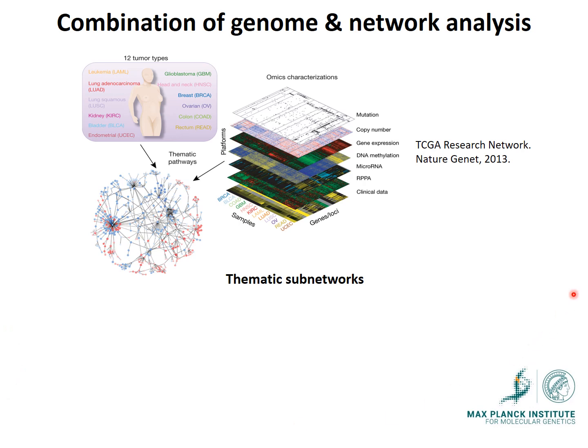In the era of high-throughput sequencing, it has been proposed to measure, for example in personalized medicine of cancer, a lot of data at different levels of molecular information, for example gene expression or protein expression, and to bring this data into context by mapping the different data onto networks of interacting proteins, and then to derive, for example, thematic subnetworks, which better describe the mechanisms than each single data set.